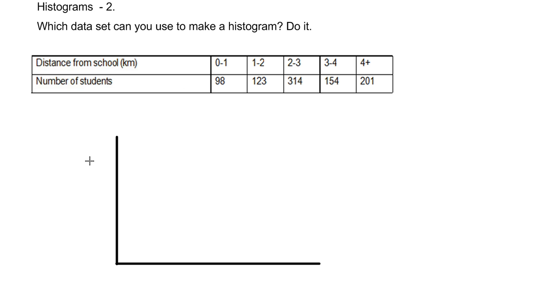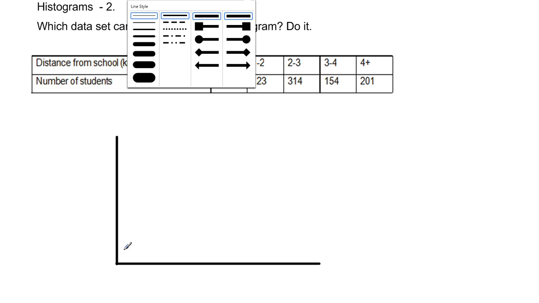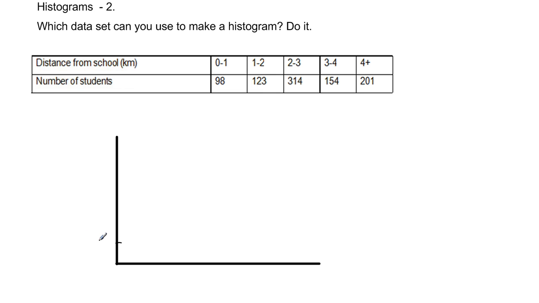Number of students, that will be my axis going up. Because this starts at 98, so I've got 120, 300. 300 is my largest number. I'm going to go up by 100s on my scale, divide this into 3, and use a thinner pen. I'll go up by 50. Let's go up by 50. You guys have your grid books. Hopefully it'll be a little better than my eyeballing it going up by 50.